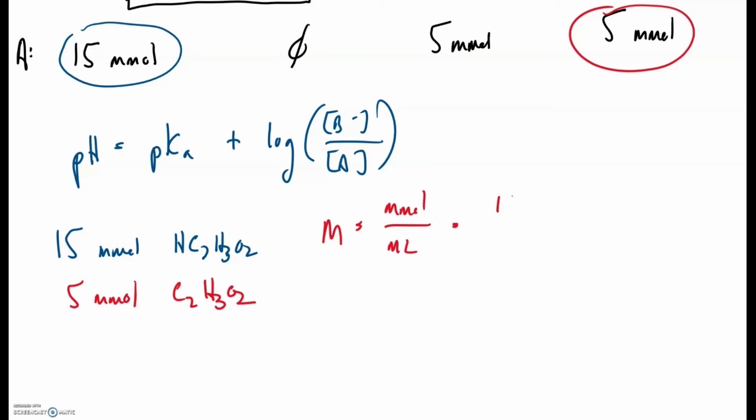For our acid, this is 15 millimoles over 150 milliliters. And you shouldn't really need a calculator for that one. We get 0.1 molar.